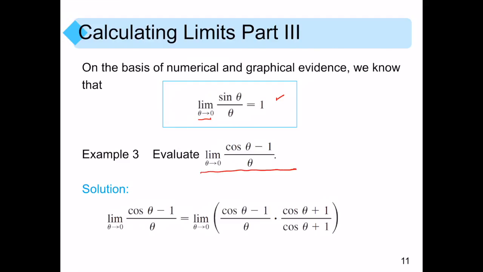This function is in cosine, but we need the sine, so we're going to use the same idea: a minus b times a plus b equals a squared minus b squared. So this is cosine theta minus 1, so we multiply by cosine theta plus 1, and we need to divide by cosine theta plus 1.